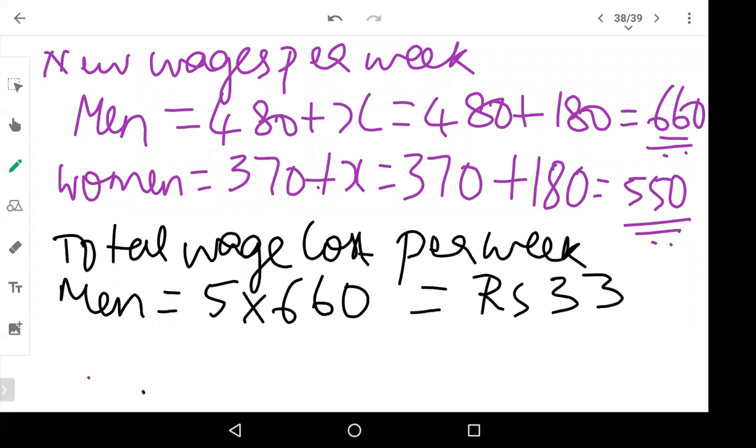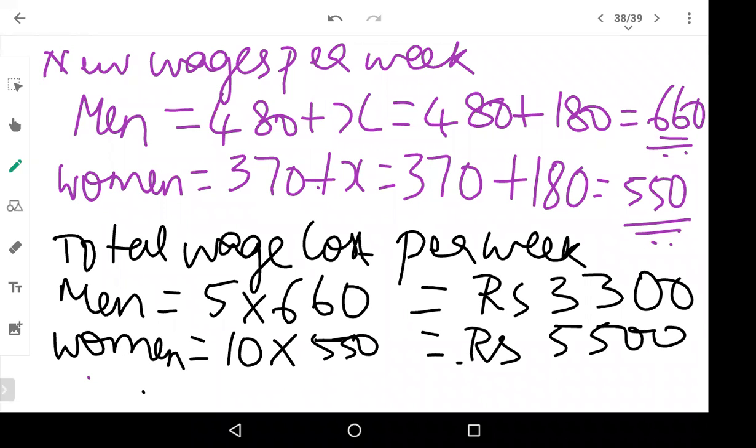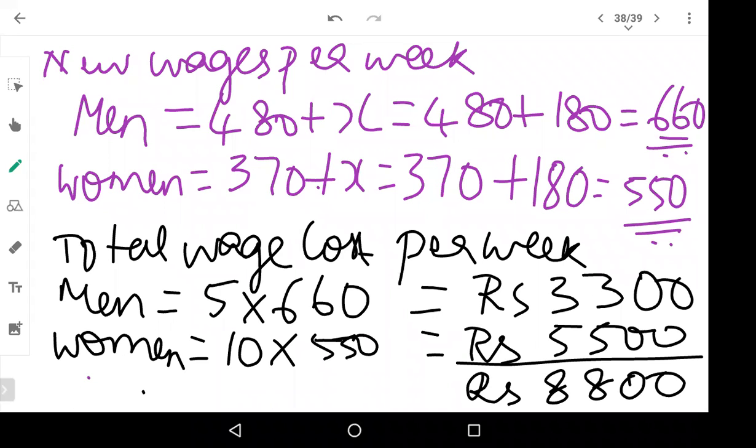Good. Then for women, 10 of them are going to come for 550, which is going to be 5,500. Now total both of them. Rupees 8,800 will be the total wages cost per week.